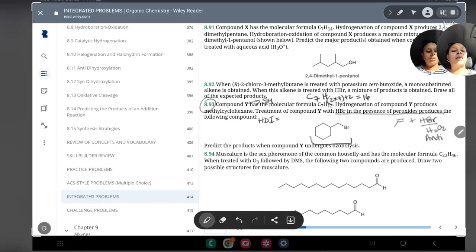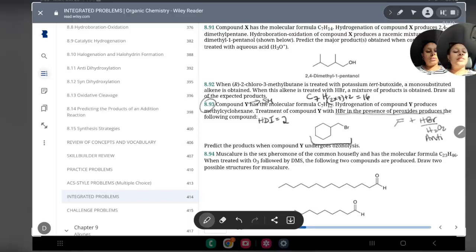So I'm actually lacking 2 pairs, which is an HDI of 2. So one of those is accounted for by the ring, and one is accounted for by the double bond. But we didn't actually really need that, because we knew that that's the case.